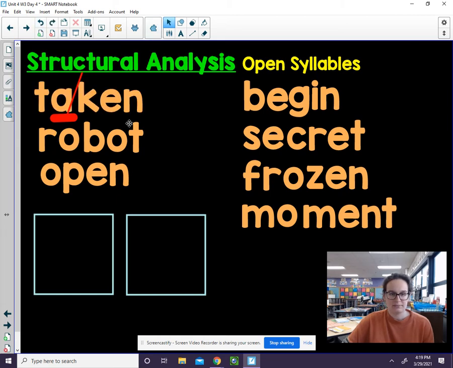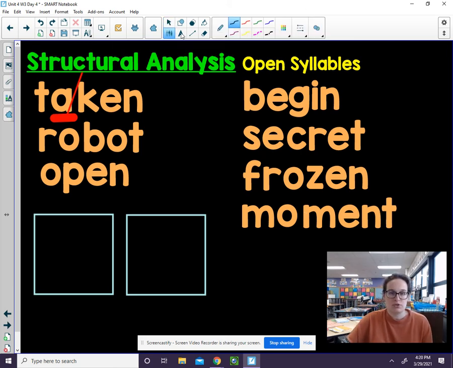Let's try another. This word is robot. Say it with me, robot. One more time, robot. Where does the syllable separate? Robot.